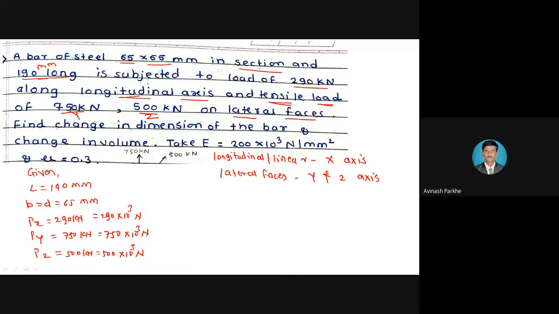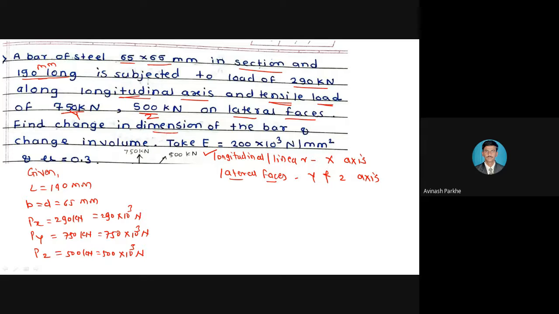The remaining two forces are applied on the lateral faces, meaning the y axis and the z axis. Please take note: longitudinal or linear axis is the x axis, and lateral faces or lateral axes mean y and z axes.